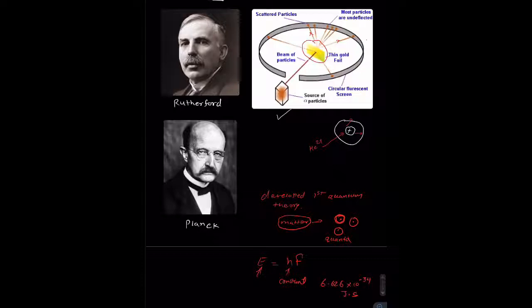Now we can manipulate this equation: E equals hc over lambda. Why? Because we know the frequency f is c over lambda, where c is the speed of light, which is 3 times 10 to the power 8 meters per second. Now we can see that the energy and the wavelength have an inverse relationship.